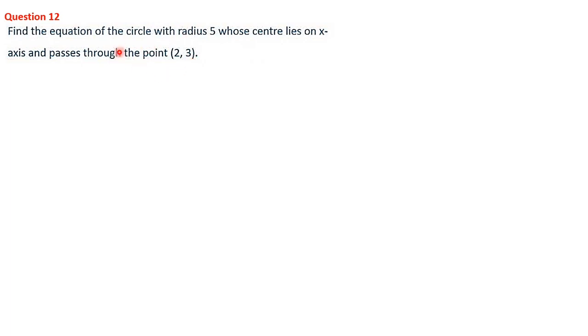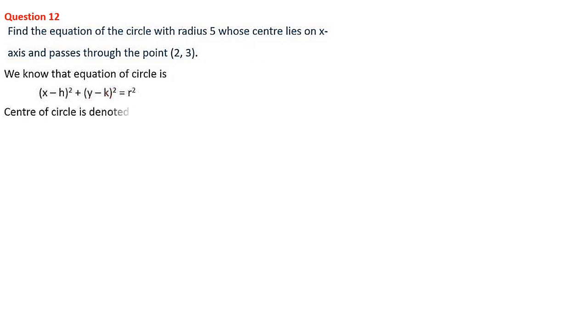So let's clarify the given conditions in detail. We know that the equation of the circle is x minus h the whole square plus y minus k the whole square equal to r square. Here some things are given to us. r is there with us and the k value also is there. Let's find out. Center of the circle is h, k, we have discussed before. And this center is lying on the x-axis.